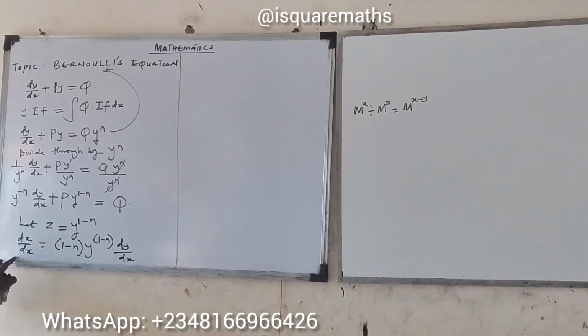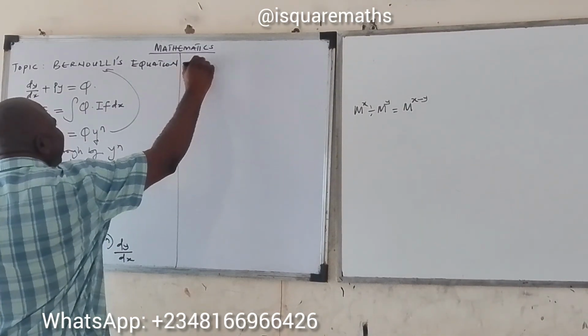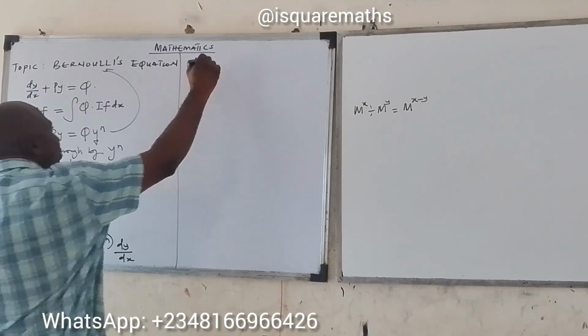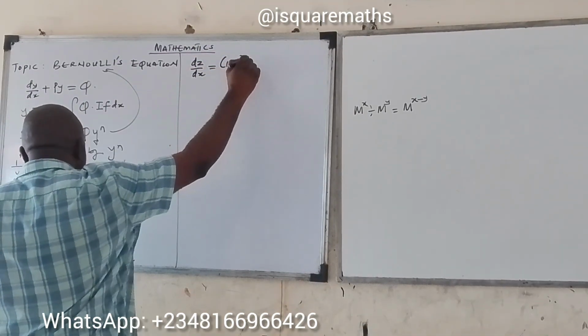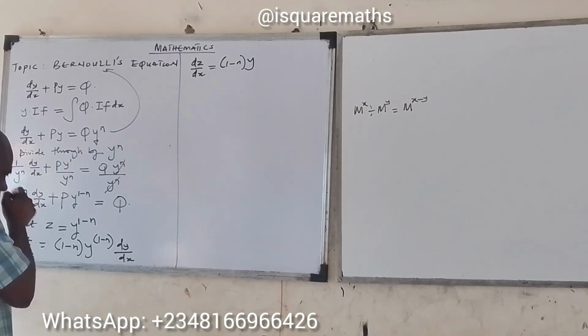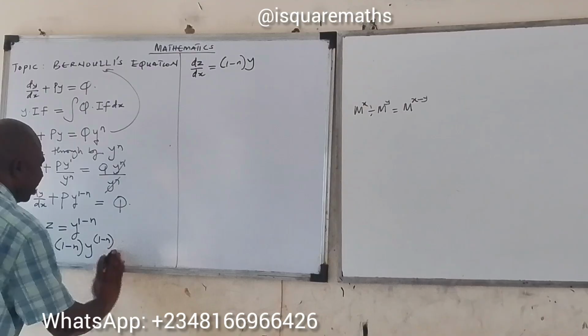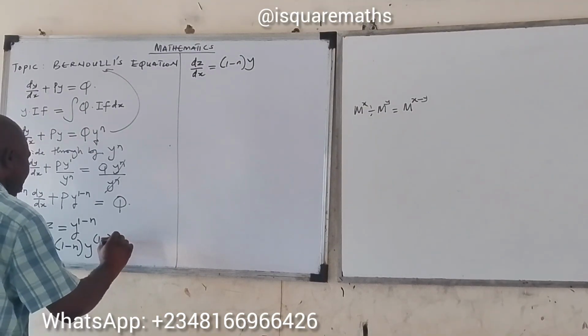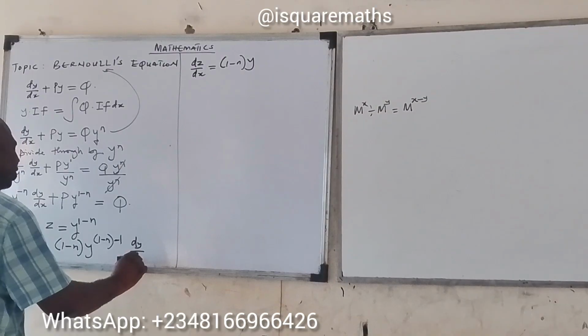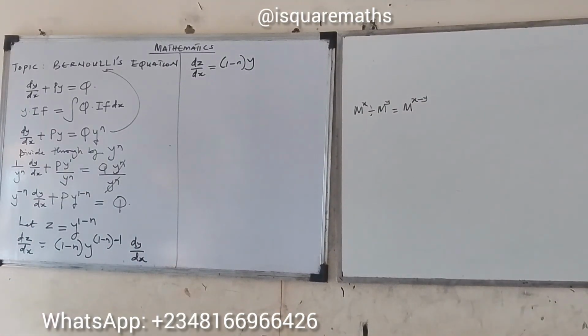So it means dz/dx is equal to 1 minus n, y raised to the power of, now remember, we are subtracting 1 from the power. So here we have minus 1, then times dy/dx, because it is an implicit function.